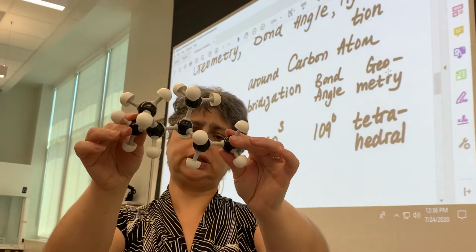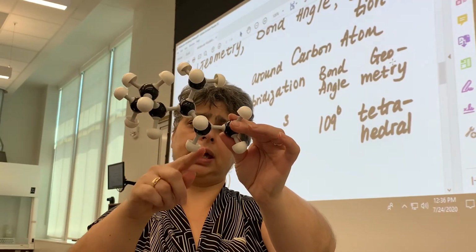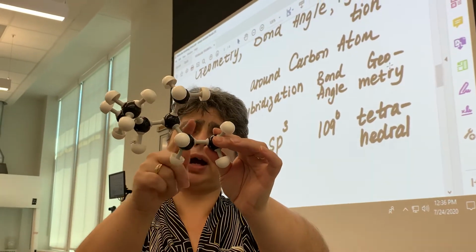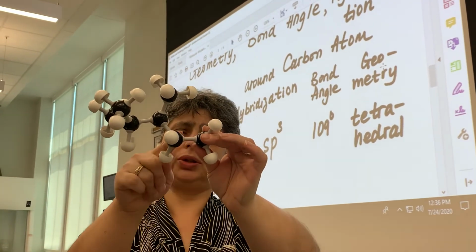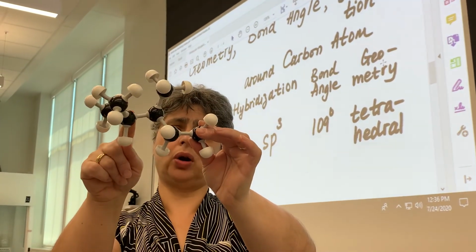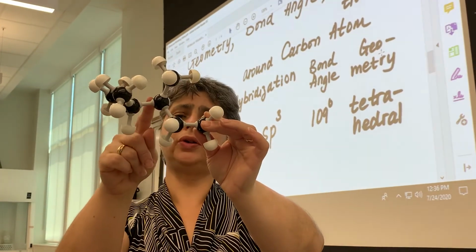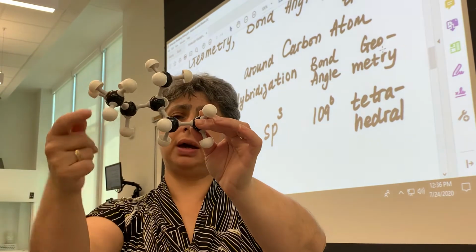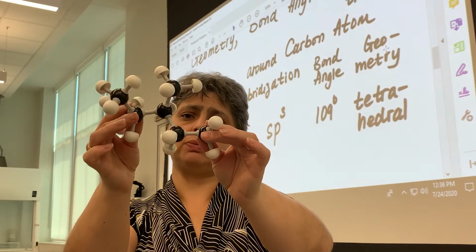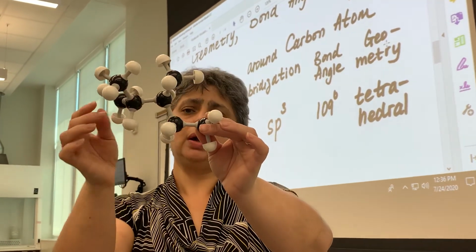So if I hold it like this, I wanted to point out that one might say, wait a second, if I count from here, it would be 1, 2, 3, 4, 5. So might it be called 3,4-dimethylpentane? And the answer is no. Remember what I told you earlier.